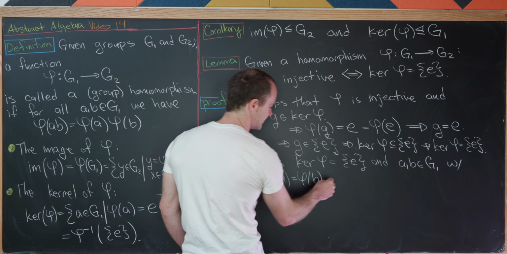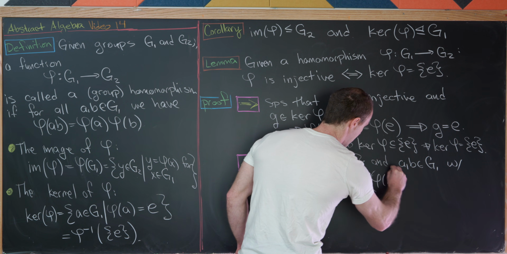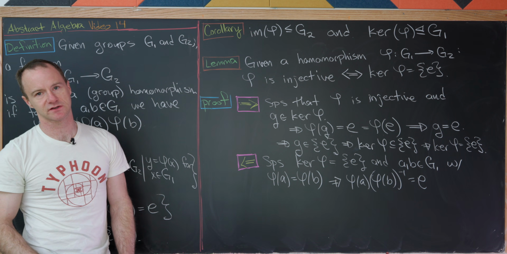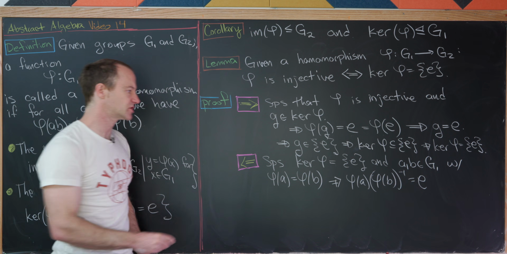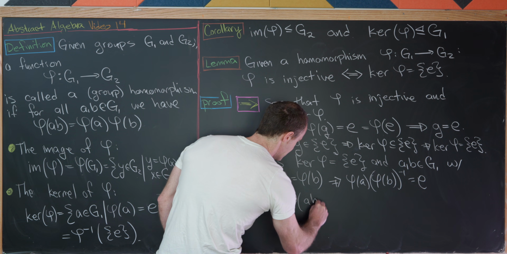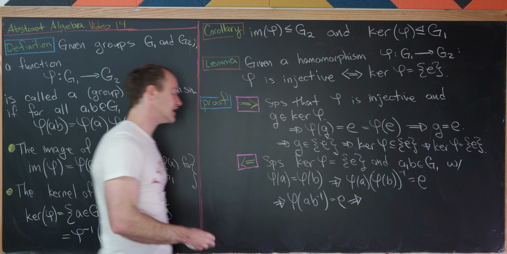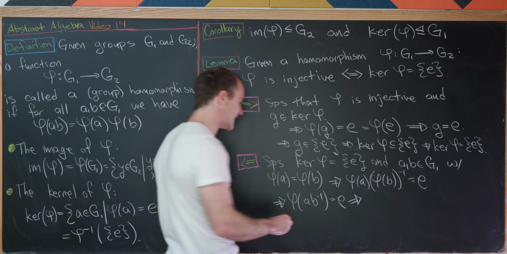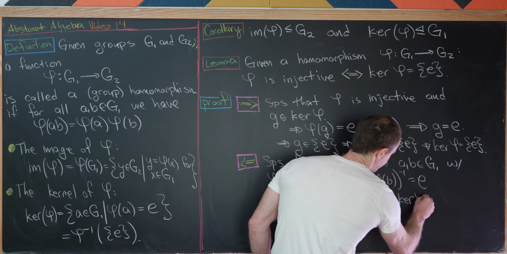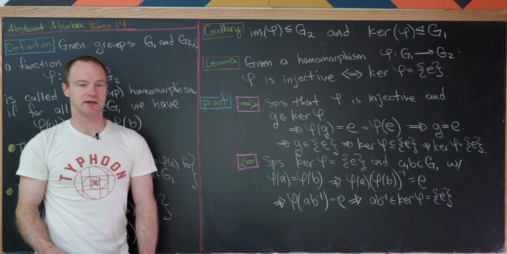Okay, but if phi of A equals phi of B, that means that phi of A times phi of B inverse is equal to the identity, just by right multiplying by phi of B inverse. But then from here we can smush those two things together using properties of homomorphisms to get phi of A B inverse equals the identity. But phi of A B inverse being equal to the identity is exactly the condition for A B inverse to be inside the kernel of phi, which we have assumed is equal to just the identity.